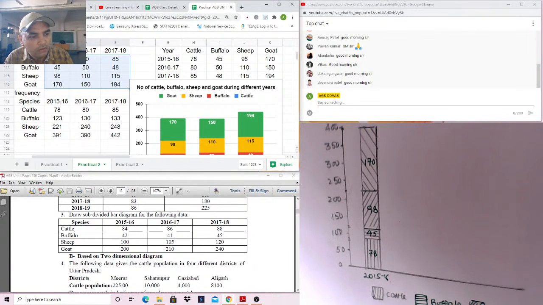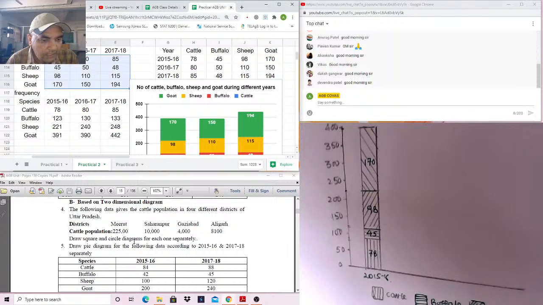So now coming to the next question of your practical manual, and it is based on the two-dimensional diagrams. So in this two-dimensional diagram, different districts have been shown, and in these districts data has been given that in Meerut the cattle population is around 225.